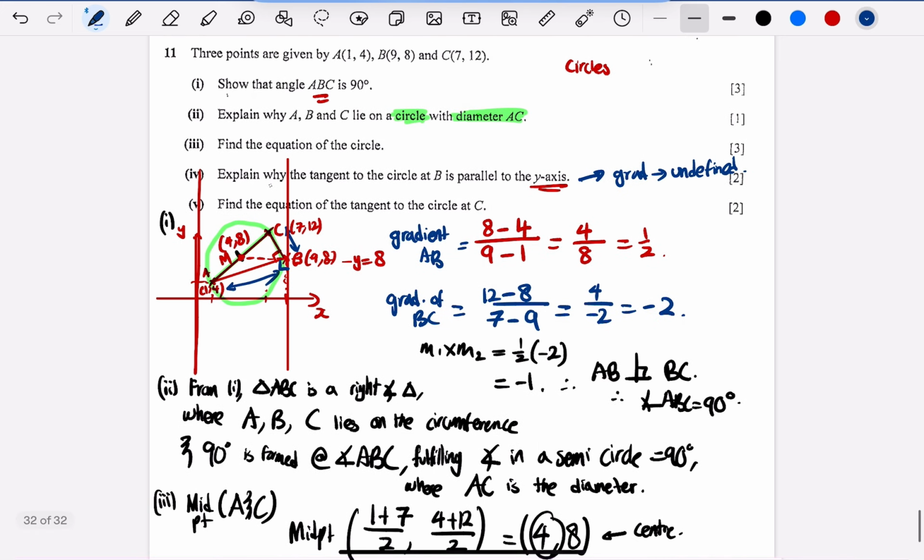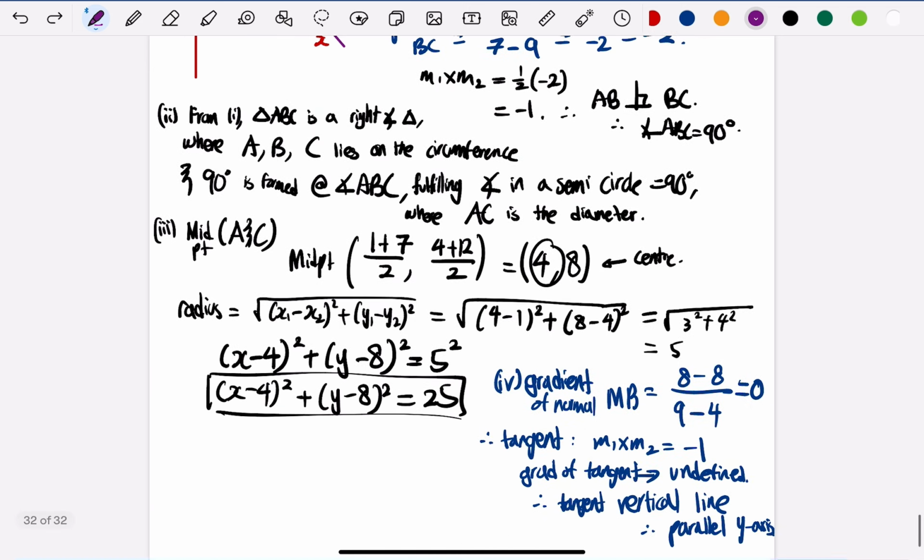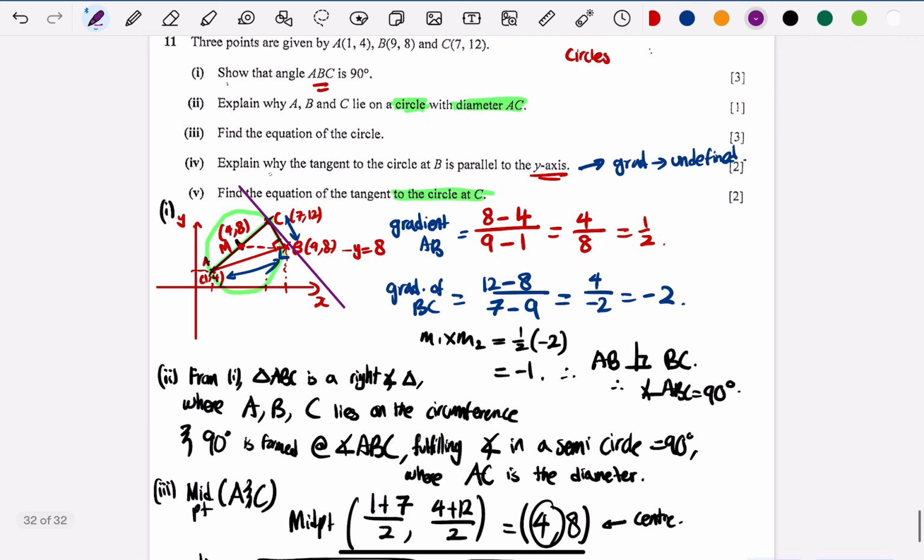And the very last part for this question, they tell you find the equation of the tangent to the circle at point C. Okay, so we can see at point C over here, our tangent will look something like this, of which we will first find, again, the gradient of my normal. So my gradient of my normal in this case is the gradient of my line AC.